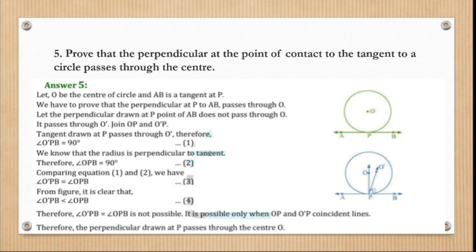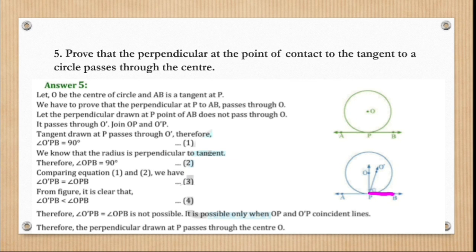Now look at the diagram. For O dash PB and OPB, the PB arm is common, right? So these two angles will be equal, and this is only possible if O and O dash coincide, because one arm is common and both measurements are 90 degree.